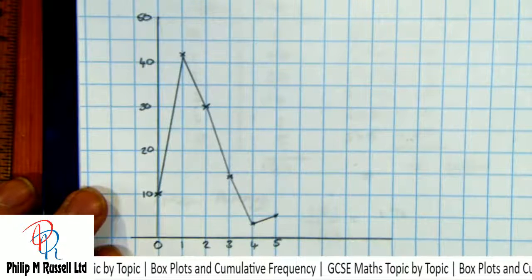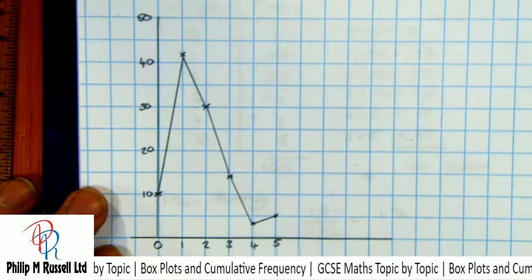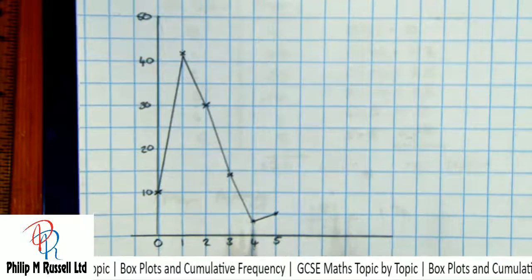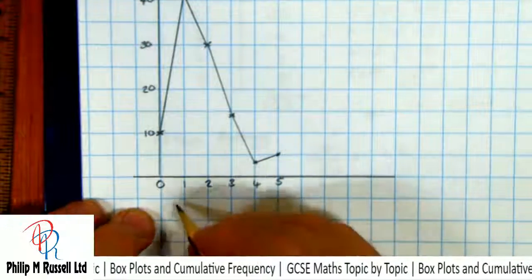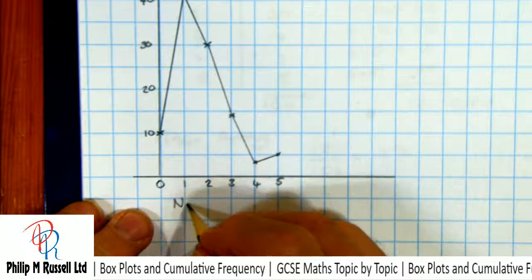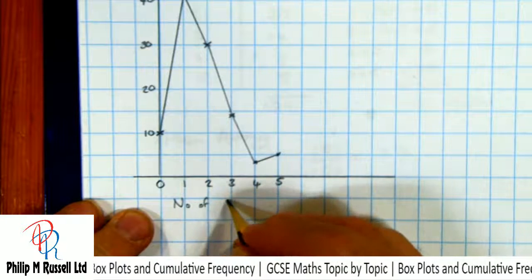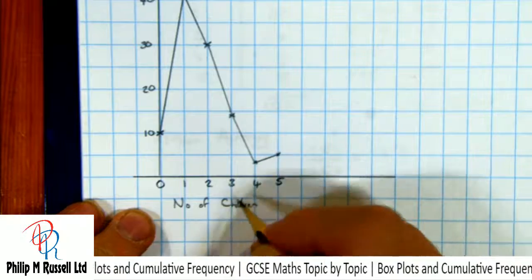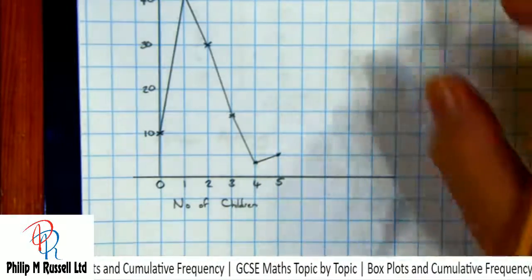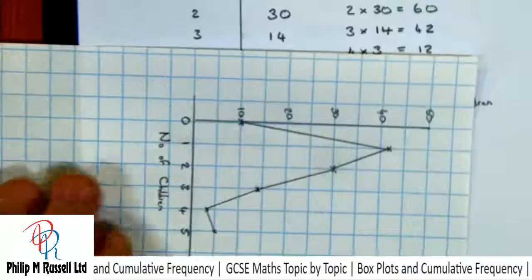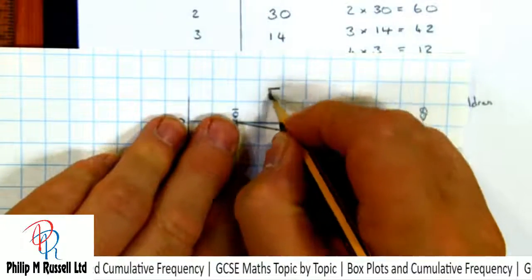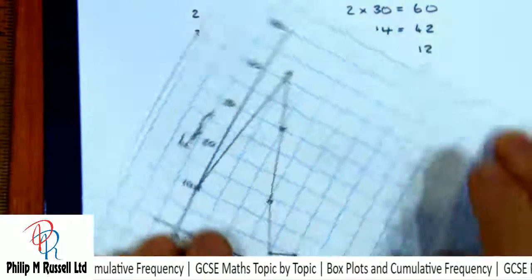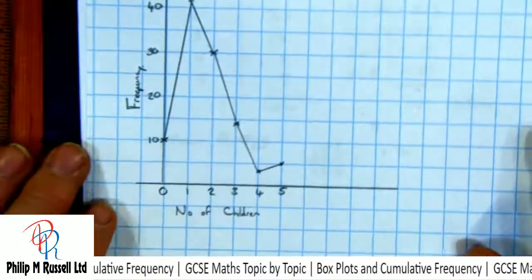To complete this, we need to label our diagram, our graph, so we know that this is number of children. On this side, I'm going to turn it round and write frequency, in other words, how many of each one that we've got.